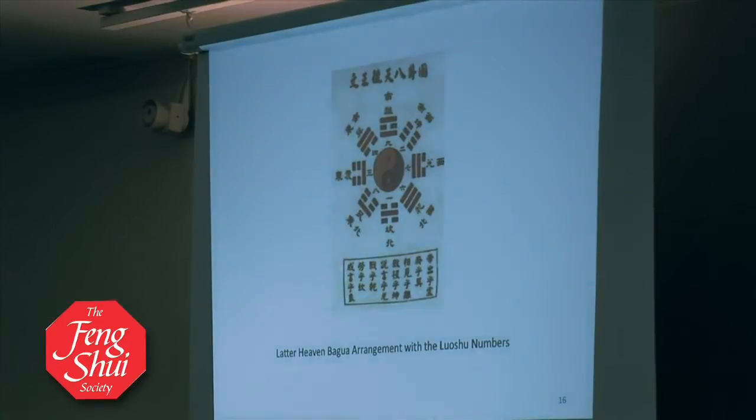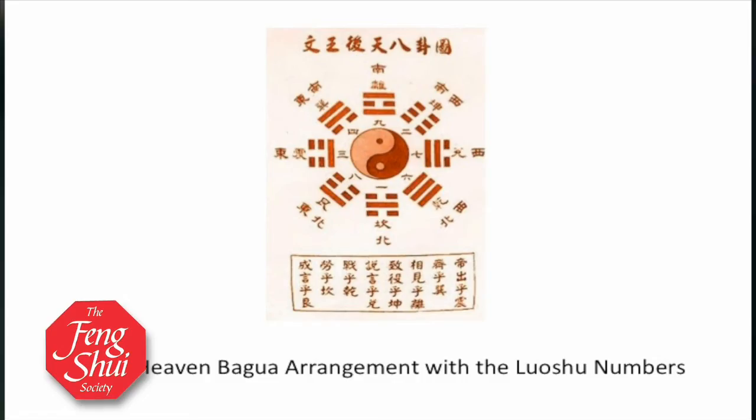Now, you need to understand that with Feng Shui, we're using correlative thinking. What we do is correlate one thing with another. So there are eight trigrams, then we correlate them to the eight directions, and then we also correlate them to numbers in the Luo Shu diagram.